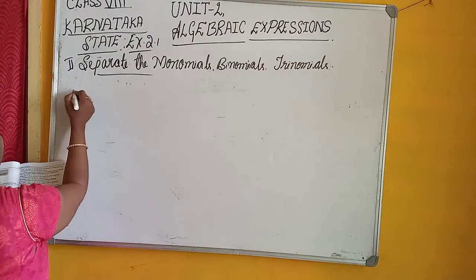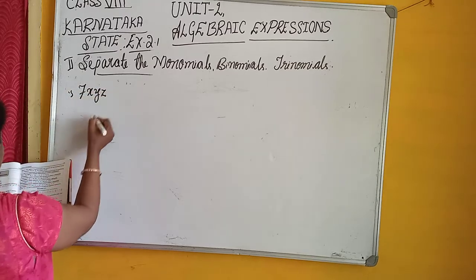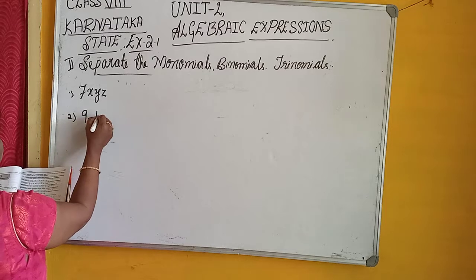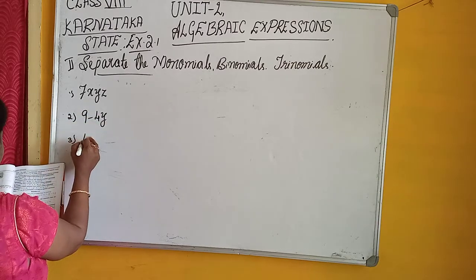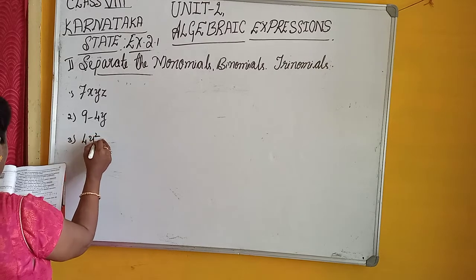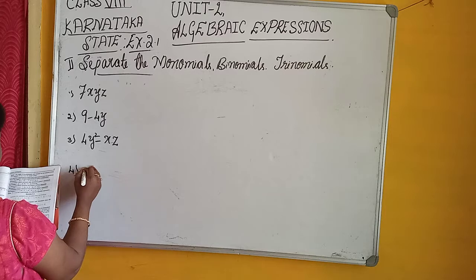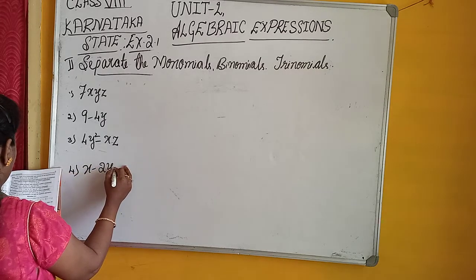First one is 7xyz. Second, 9 minus 4y. Third one is 4y square minus 6z. Fourth one, x minus 2y plus 3z.